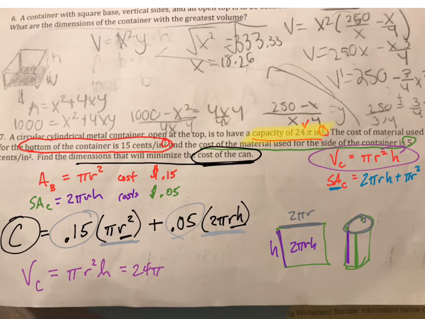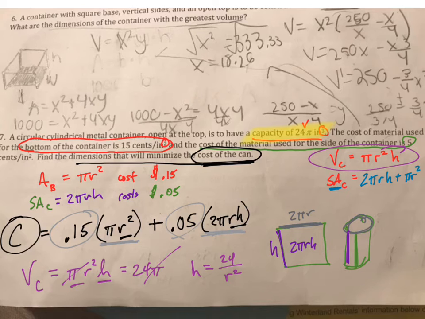So we're going to choose whichever one seems maybe a little bit easier. We're going to solve this in terms of either h or r. And let's just go ahead and do it in terms of h. Okay, so I'm going to cancel out the pi's, and I'm going to divide, so h equals 24 divided by r squared.